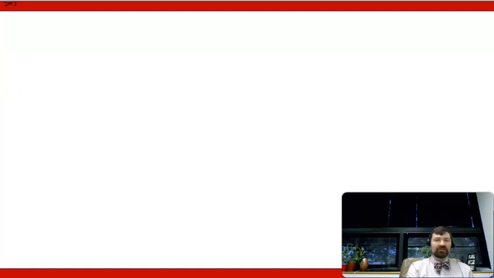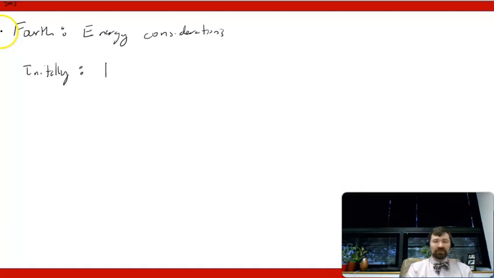Last part of this, fourth part, whatever you want to say, is energy. So we could say energy considerations. Now initially what we have is a moving puck. So K initial is 1/2 mass of puck V initial squared.